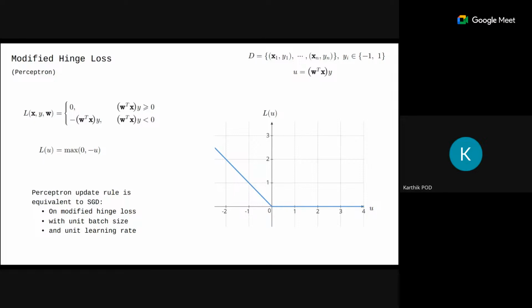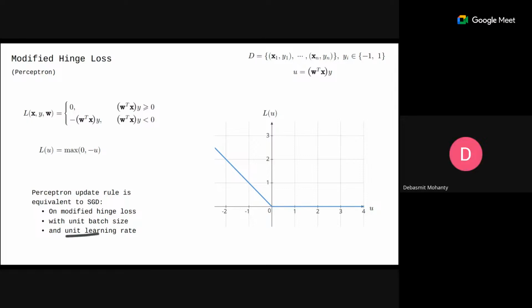Whenever the point is misclassified, the gradient of the loss is minus xy. At other times, you can use 0. So there are no updates when the point is correctly classified. Since you are doing gradient descent, it will be wt minus eta times minus xy, so wt plus xy. Eta is 1, we have safely assumed that it is 1.